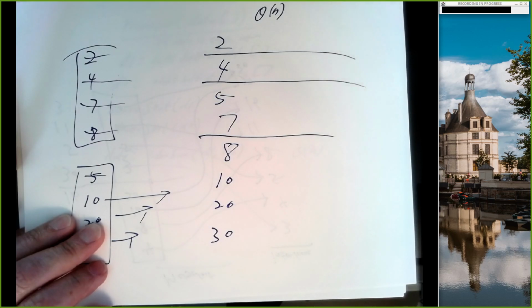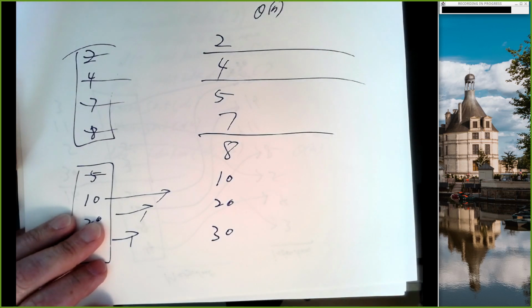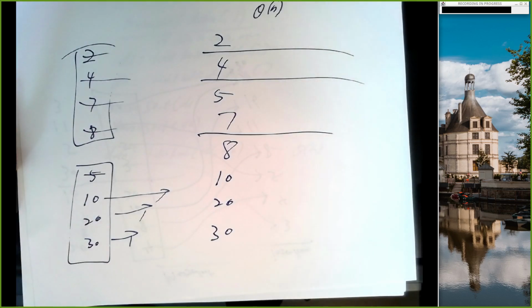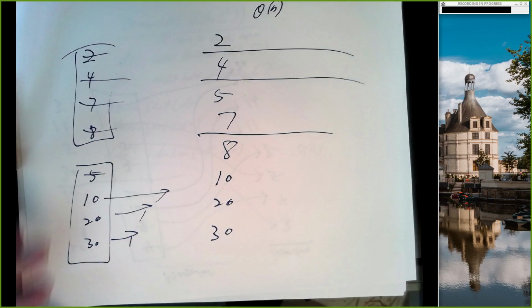So it looks like the number of times you're going to have to recurse is the number of times it takes to cut our list in half before we get down to a single element. And so what is that order of complexity? How many times you cut something in half before you get down to 1? Log n. Yep, that's a log n.